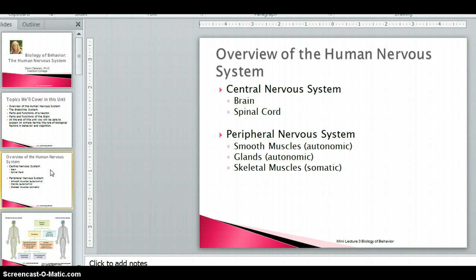So the two divisions are the central nervous system and the peripheral nervous system, and the peripheral nervous system is then further subdivided into the autonomic nervous system and the somatic nervous system.